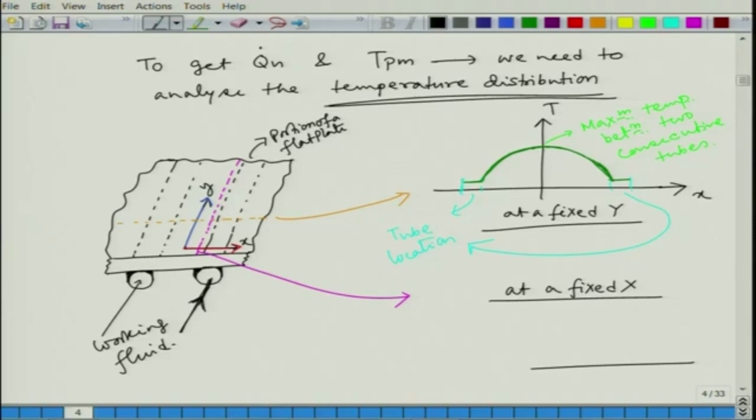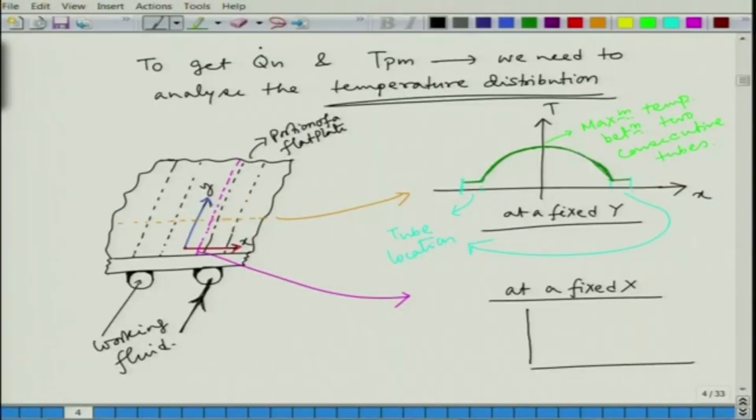As y increases, the fluid temperature will increase as well. When the fluid temperature increases, the rate of heat transfer decreases, because the temperature gradient will be lower as y goes up. So, we get a gradually increasing temperature profile with rising y.